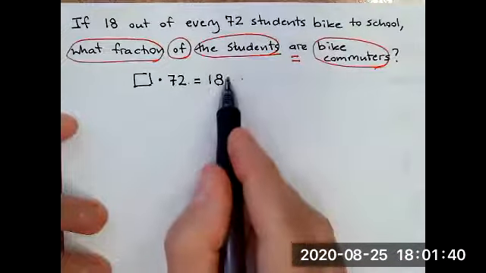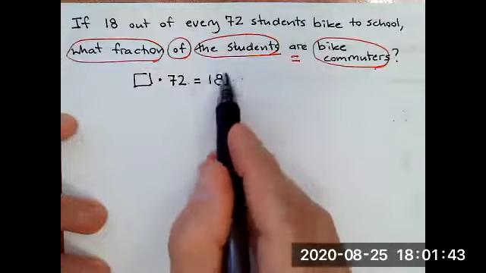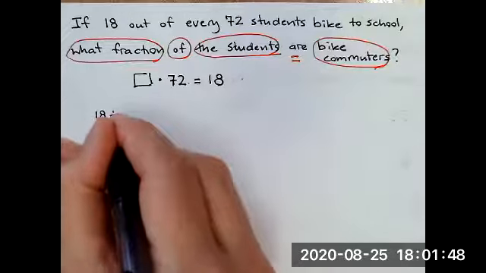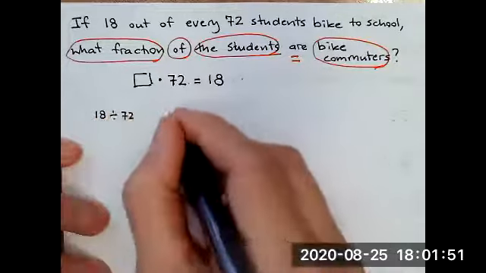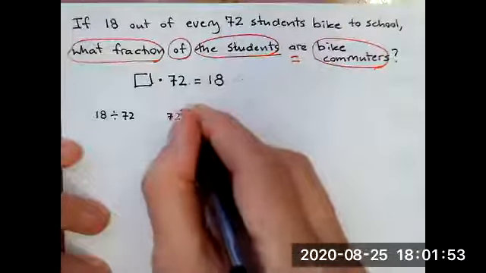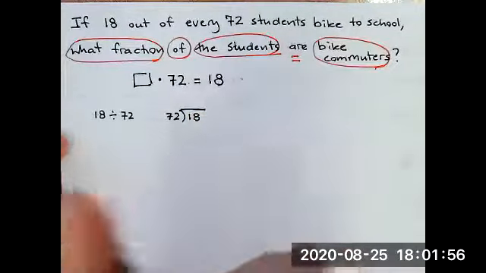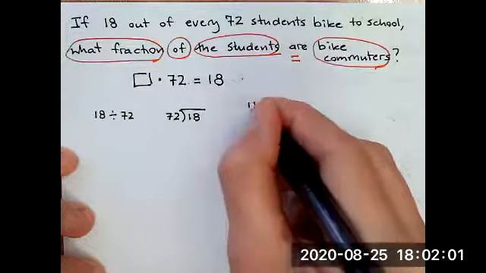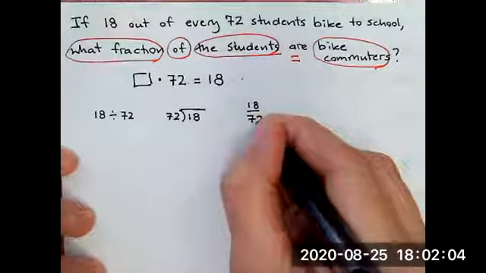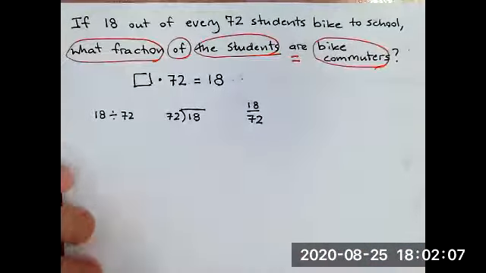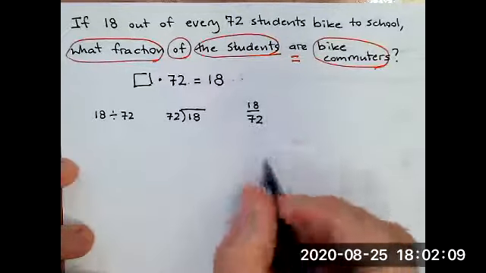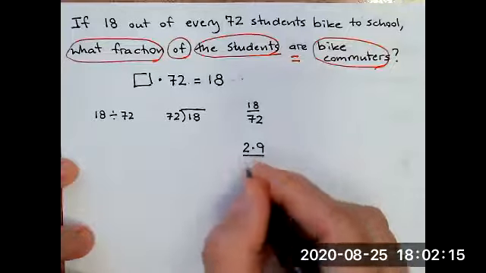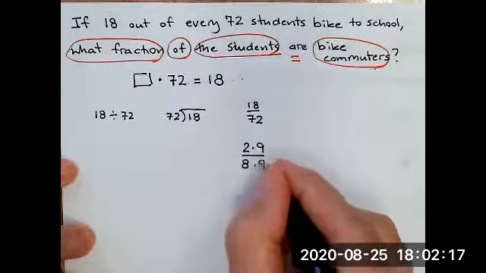We're going to divide the product. So remember, you could either write it as 18 divided by 72 or 72 divided into 18. But because they're asking for the fraction, let's just write it as a fraction. And then you just want to reduce 18, 2 times 9, 72, 8 times 9.